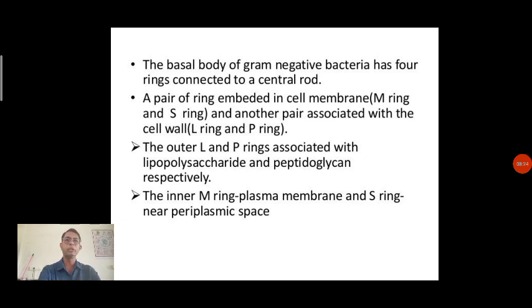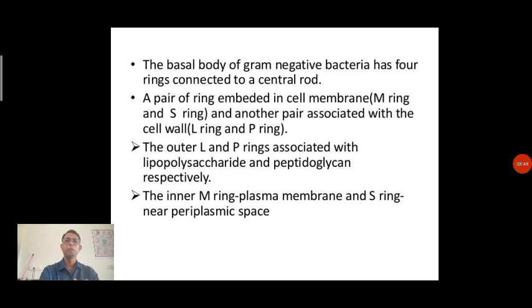The basal body of gram-negative bacteria has four rings connected to the central rod. So when we observe this central rod, you can see that there will be four rings connected to the basal body. A pair of rings embedded in the cell membrane, M ring and S ring, and another pair associated with the cell wall, that is L ring and P ring.